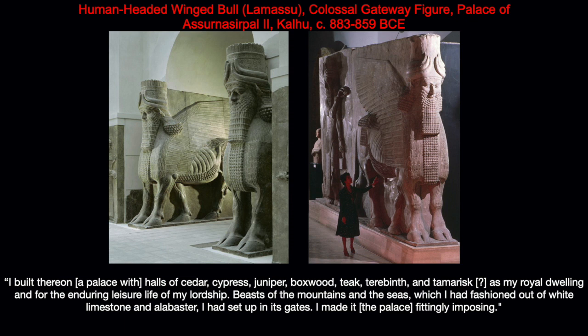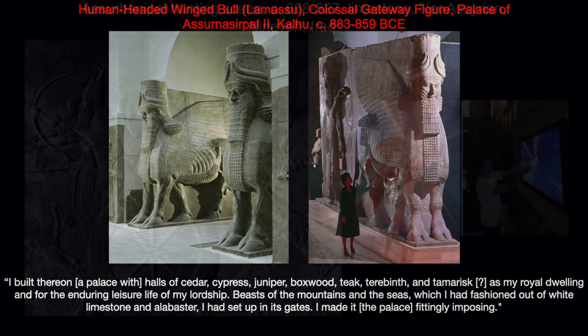So north, south, east, and west. There would be a pair of lamassus in whichever direction you came into the city to help protect the inhabitants of that city. So you had them at the gates of the walls, and then you had each person would bury lamassu clay tablets underneath their doors. They really were seen as supernatural protectors of the inhabitants of a city.